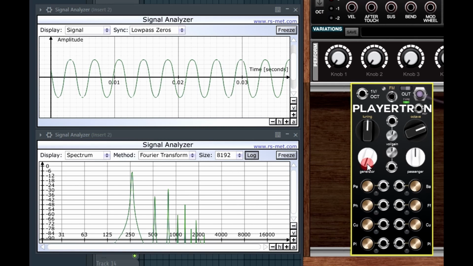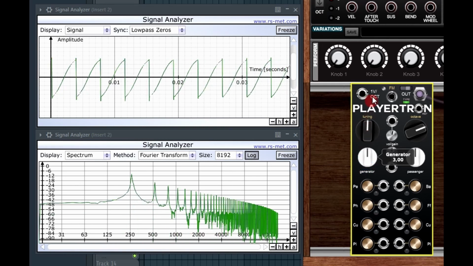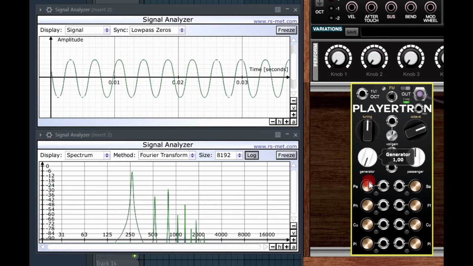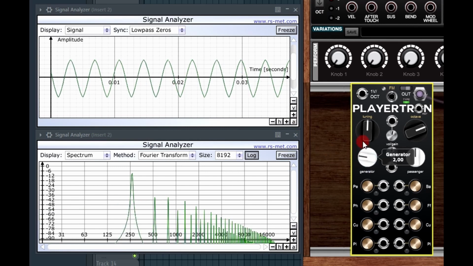When I turn this big generator knob, we see that there are 5 different generators in the module. The first one producing a kind of sine or sinusoid wave. The next one, generator 2, producing a triangle.